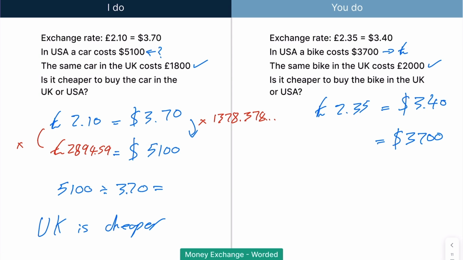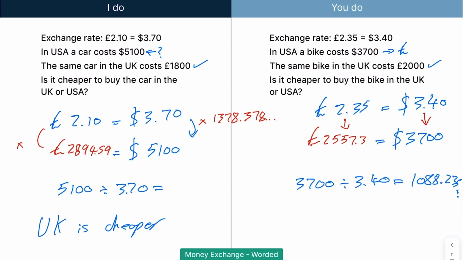And then I ask myself the question, well, how do I go from here to here? Because I'll do the exact same on that side. So that then becomes 3,700, divide that by 3.40. So if I do that quickly, that gives me an answer of 1088.235... So I then multiply that by £2.35, and that gives me the price in pounds, which is 2557.35 rounded.